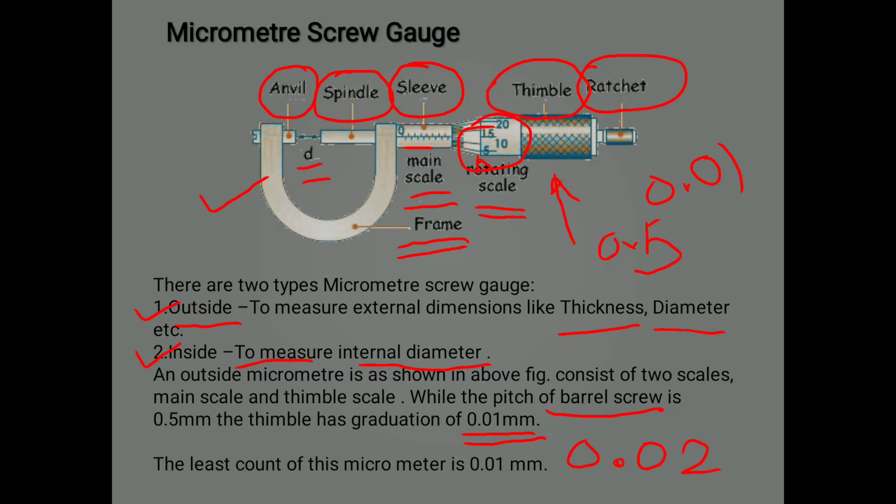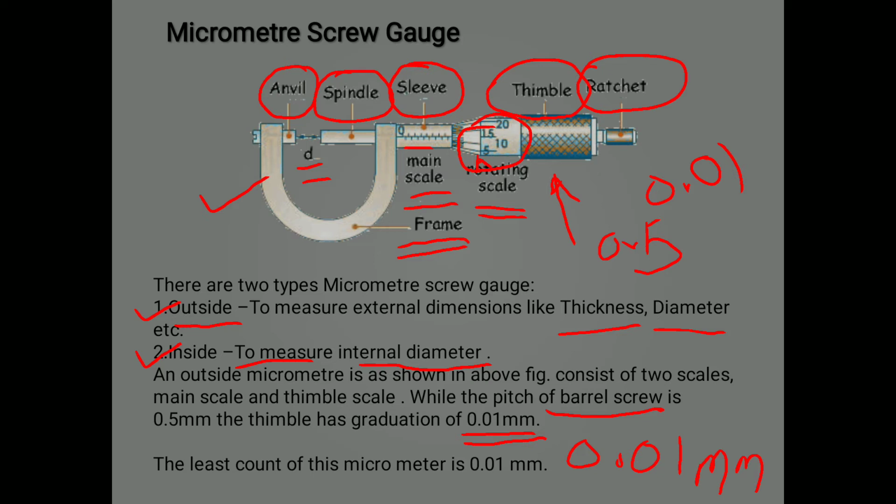So here you get a more accurate least count than this. So it is 0.01 mm. If you are going to deal with accuracy, you must choose a micrometer over your vernier caliper.